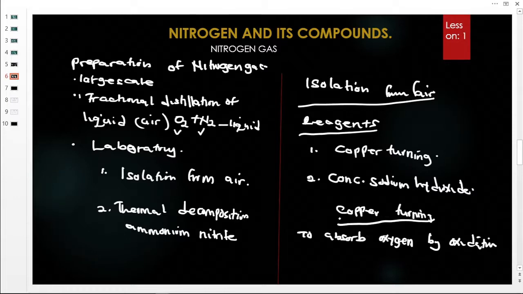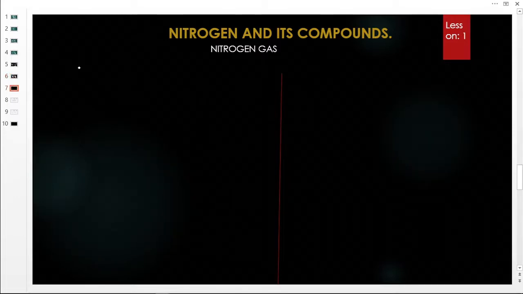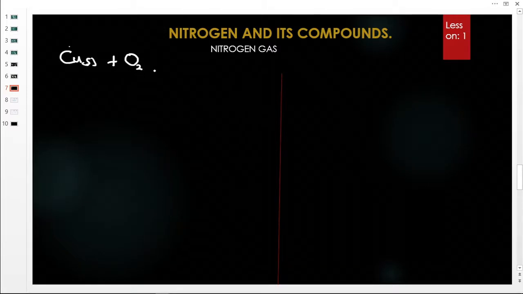So let us see the equation for the reaction. We've said copper turnings, this is copper, a solid. It's going to react with a gas. Remember that gas is oxygen and it is a diatomic gas.